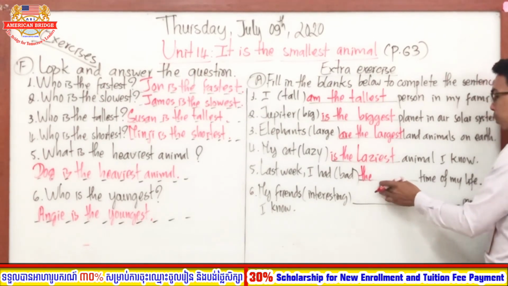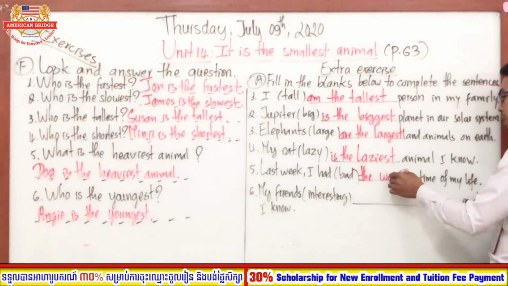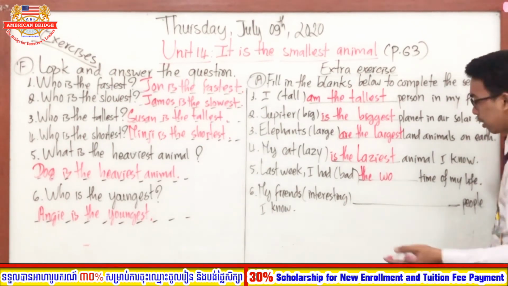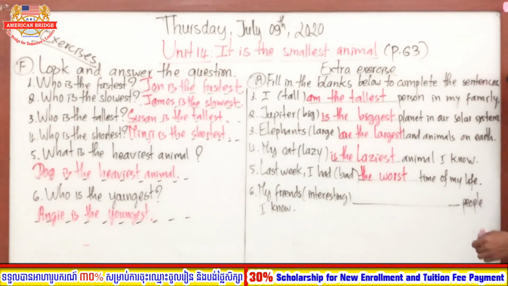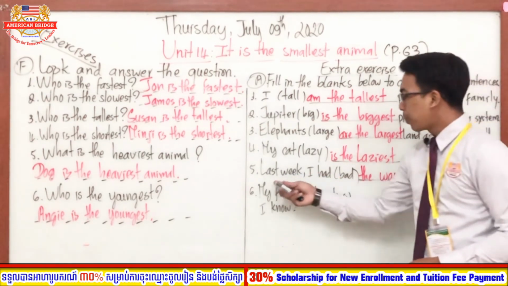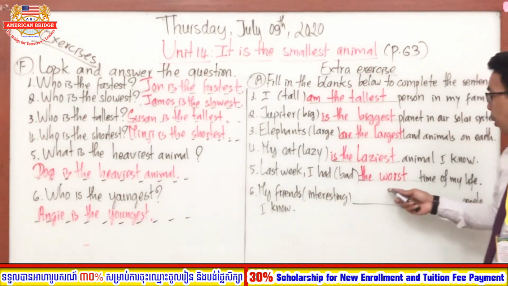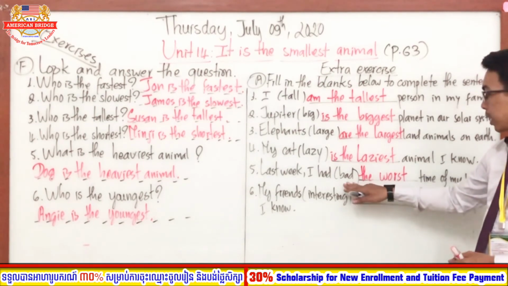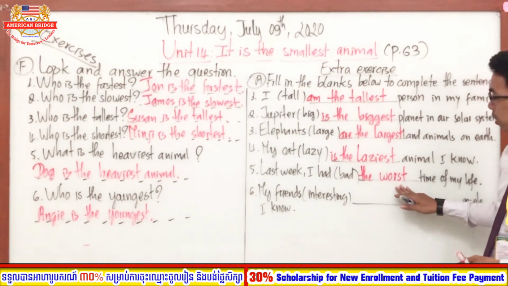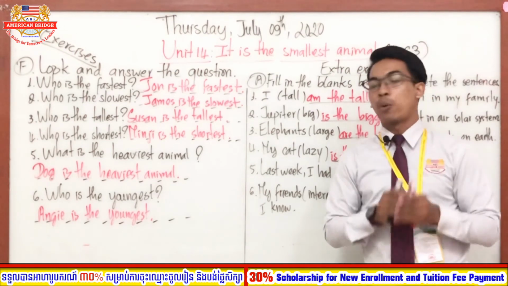The worst. Very good. So this is about the irregular. How do you spell worst? W-O-R-S-T. Very good. So last week I had the worst time of my life. So bad we change to worst. Very good. So now let's move on to the last one.